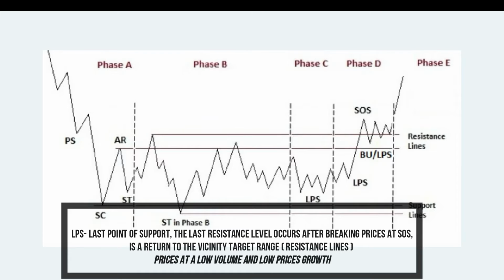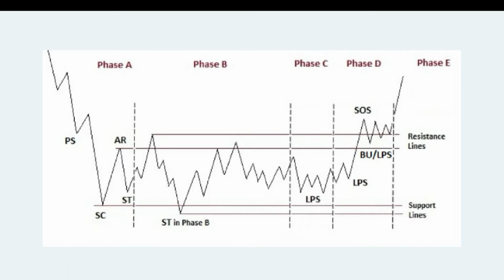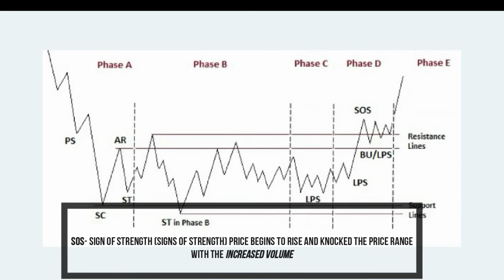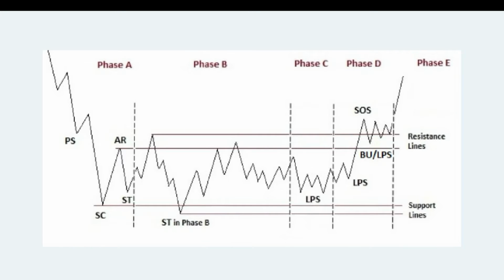The backup is the return of price, and the name of the last point of support in the strength. Sign of strength is when the price begins to rise and knocks the price range with high volume. Here we should observe really high volume. The buyers show their strength.